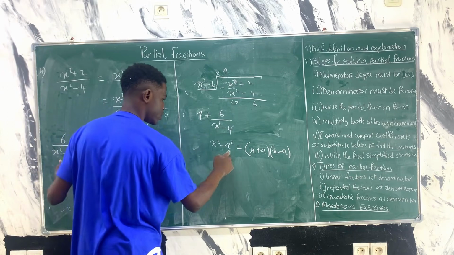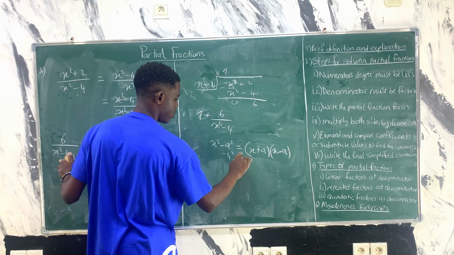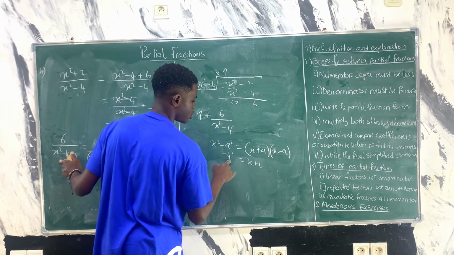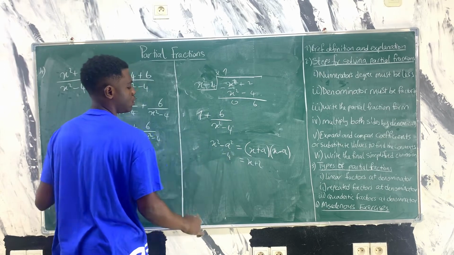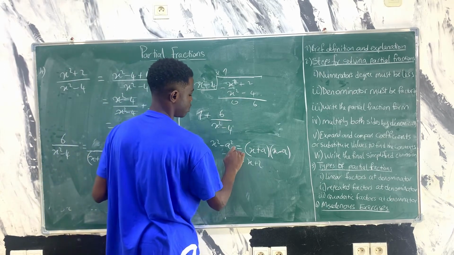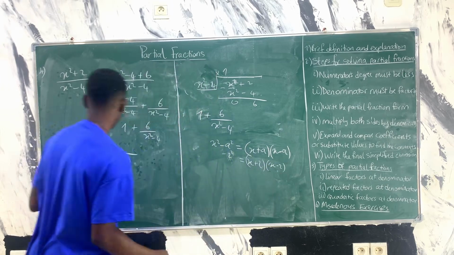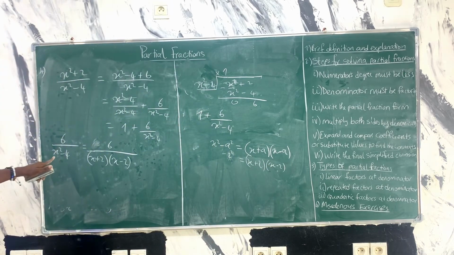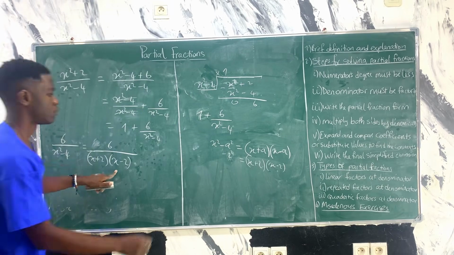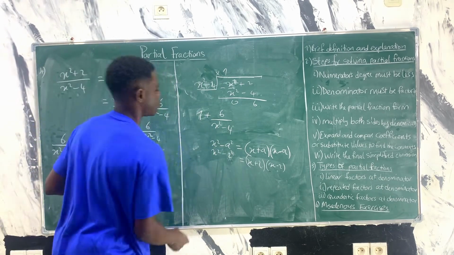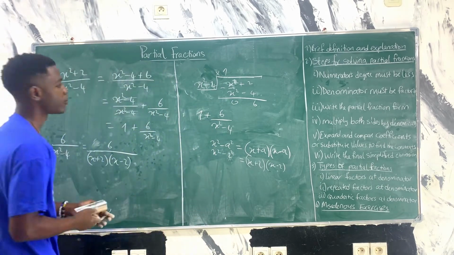In this case, you have x squared minus a squared is 4. 4 is 2 squared, right? So I have x plus 2, x minus 2. That is just what I have. That's just what I've done here.